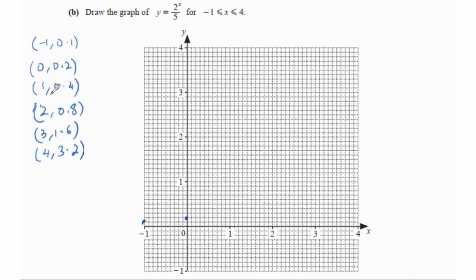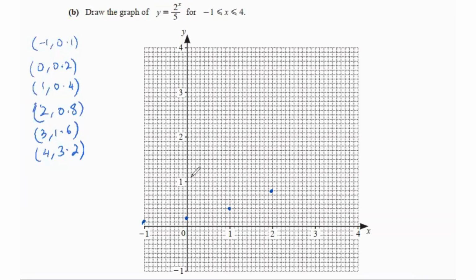At x equals 1, y is 0.4. So that is over here. At x equals 2, y is 0.8. So that's going to be this thing. And at x equals 3, y is 1.6.